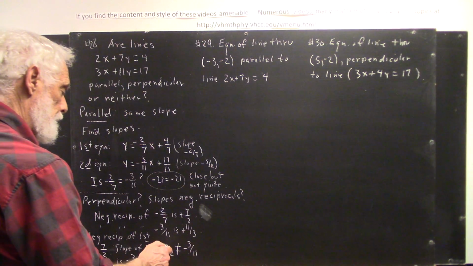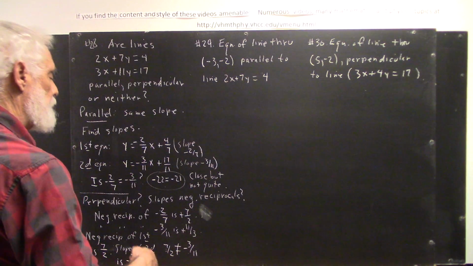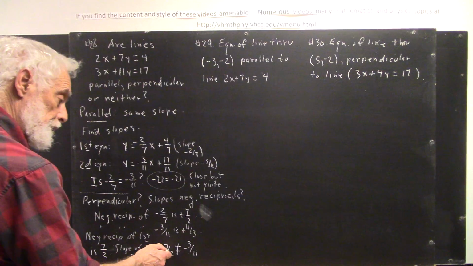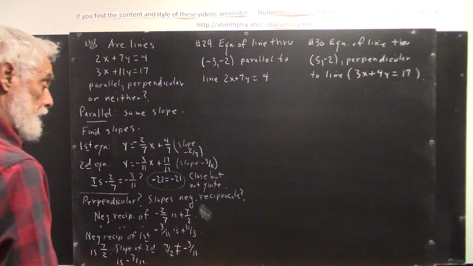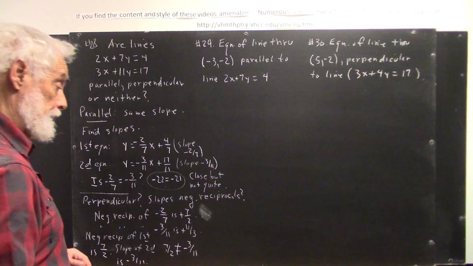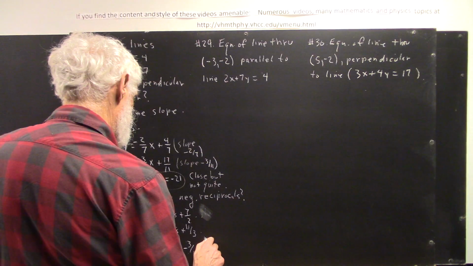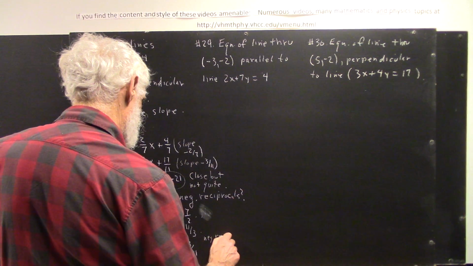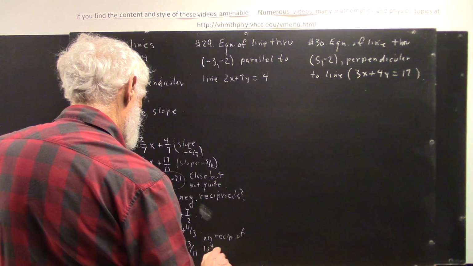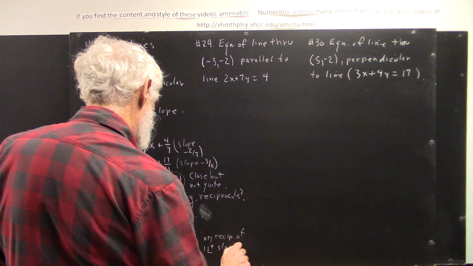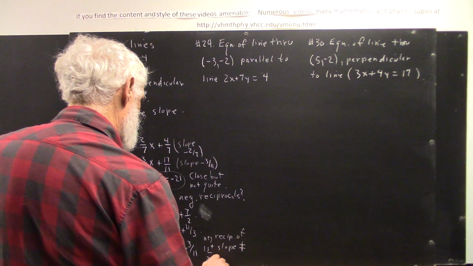So the negative reciprocal of the slope of the first equation, which is 7/2, is not the slope of the second equation, which is negative 3/11.